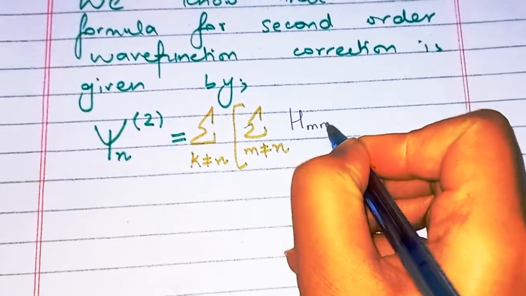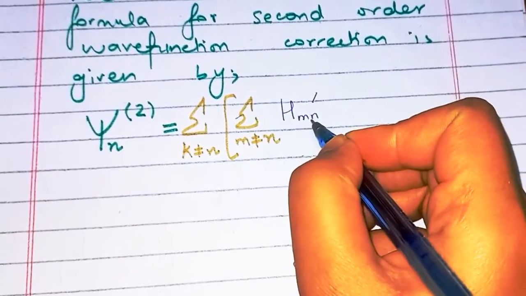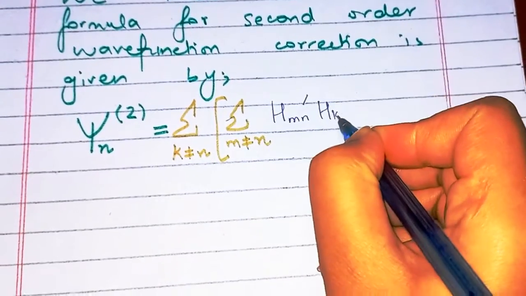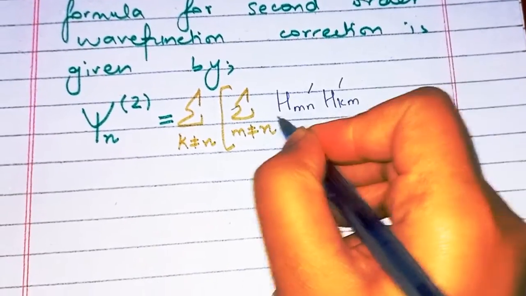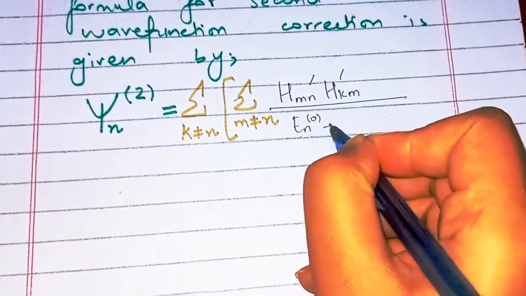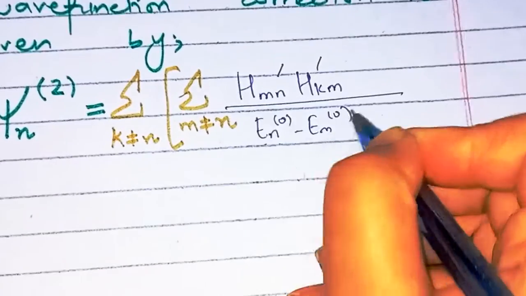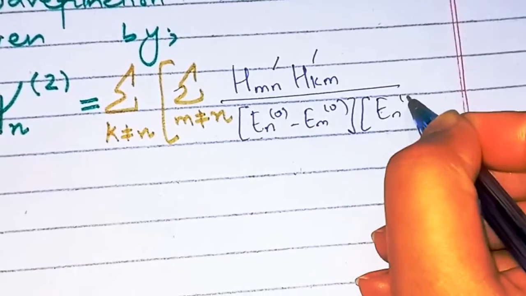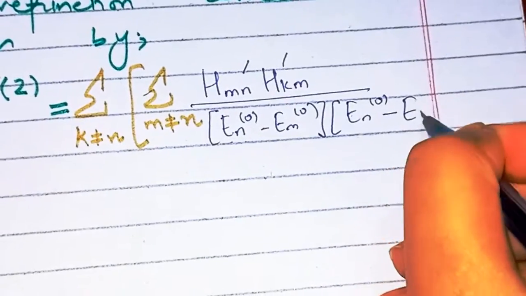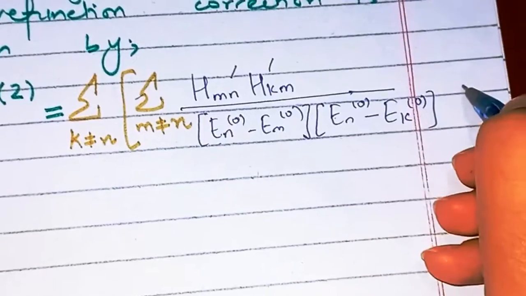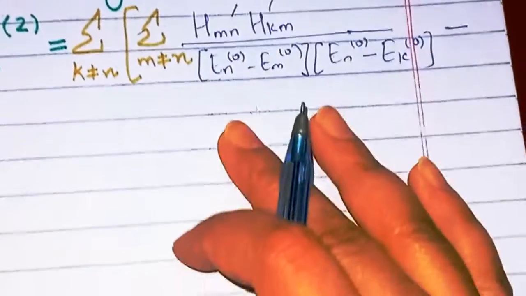H_mn prime. This is a Hamiltonian. We'll see what these are equal to. We'll understand them later. Let's write down the formula first. En of 0 minus Em of 0 bracket, then we have En of 0 minus Ek of 0 bracket, then we have that negative sign and another term.